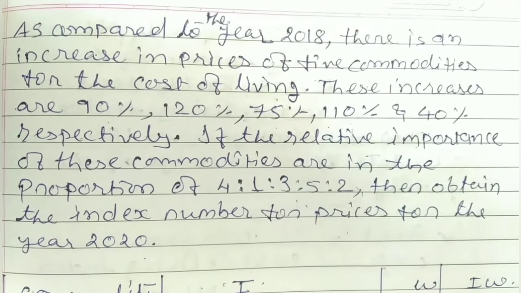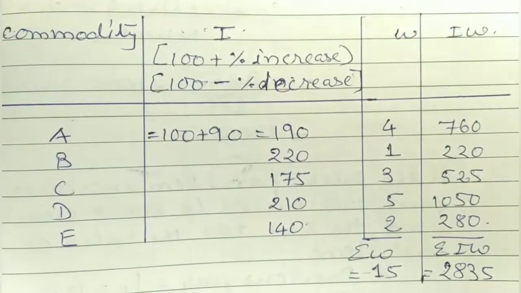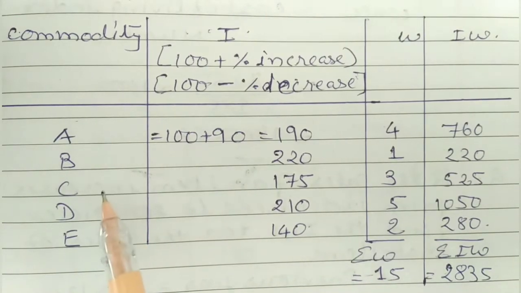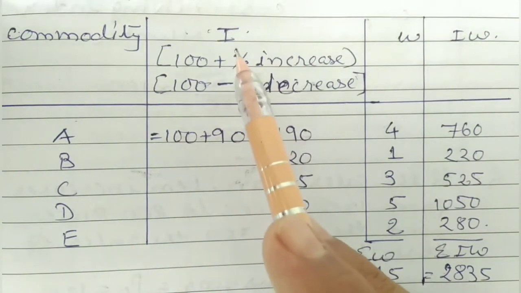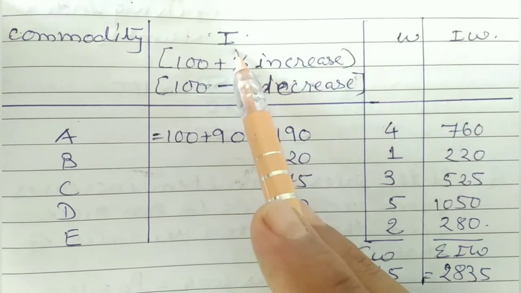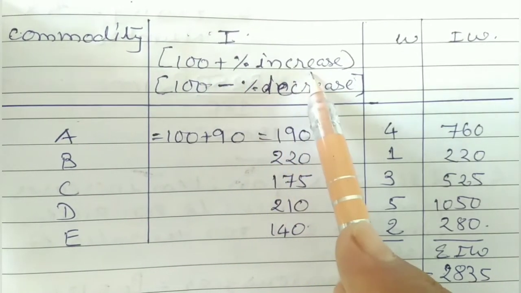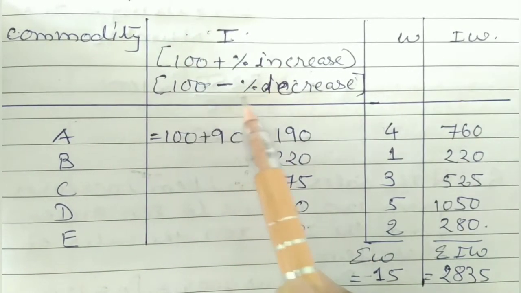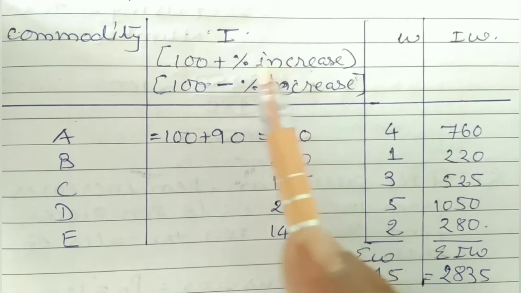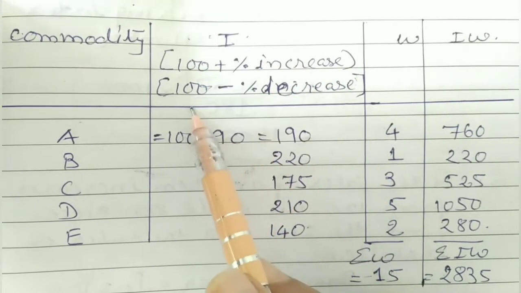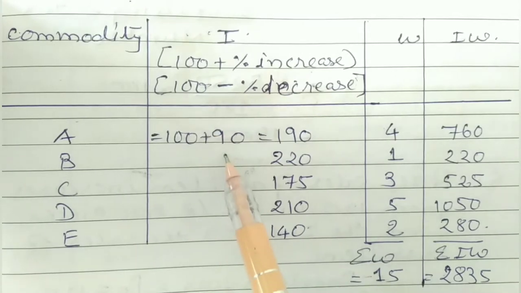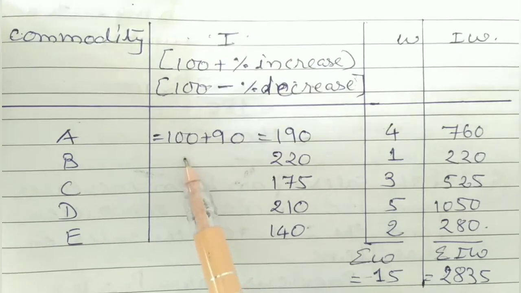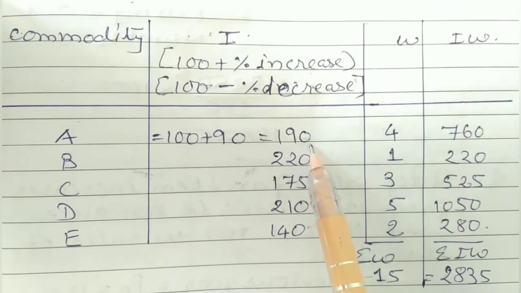Let us see the calculation first. The commodities are A, B, C, D, E. As I already discussed, I is equal to 100 plus the percentage increase. If it is an increase, it is added to 100. If the percentage decrease is given, it is deducted from 100. In the first case, 90% increase, so 100 plus 90 comes to 190.